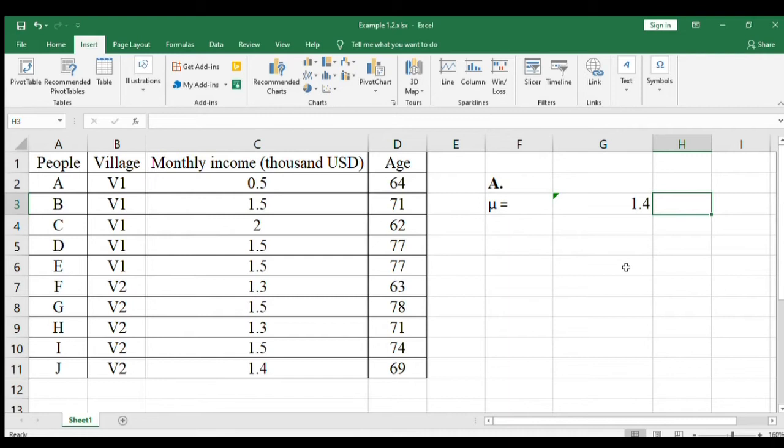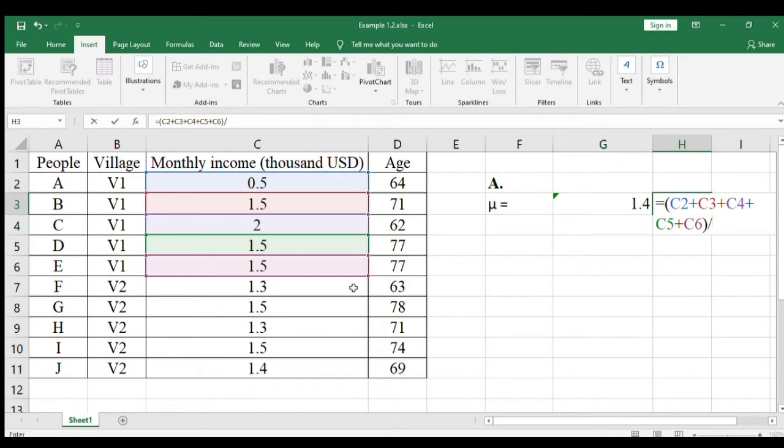You can also calculate the population mean using the formula. The population mean equals the sum of all the values in the population, 0.5 plus 1.5 plus 2 plus 1.5 plus 1.5, and divided by the size of the population, or the number of observations in the population, and in this case the total number of people in village V1.